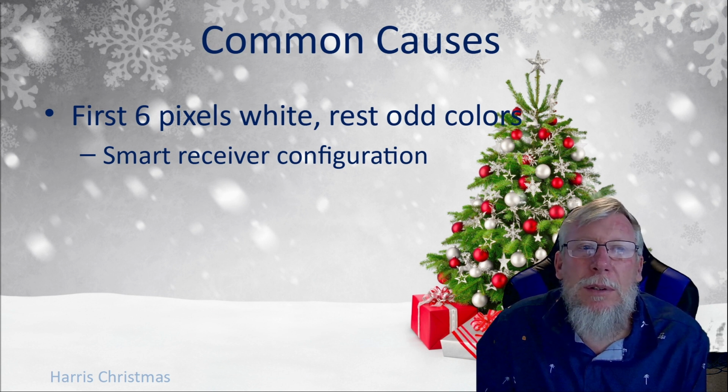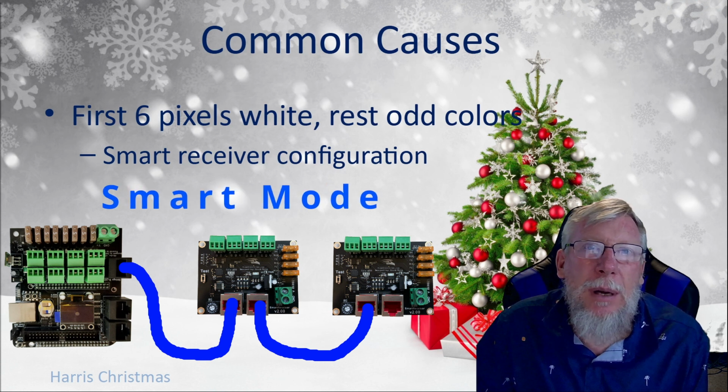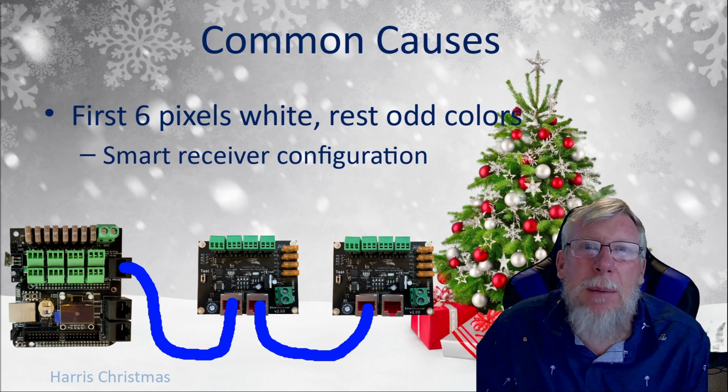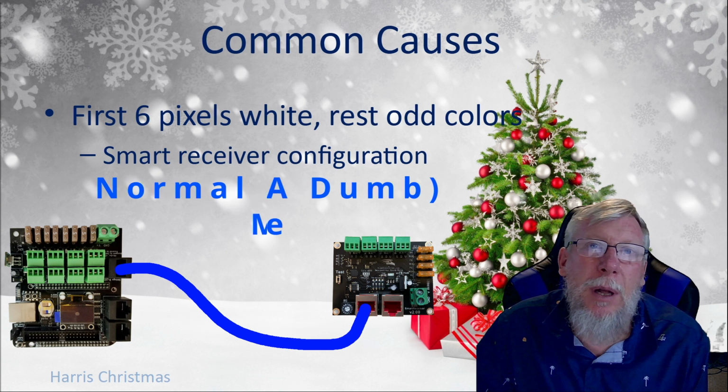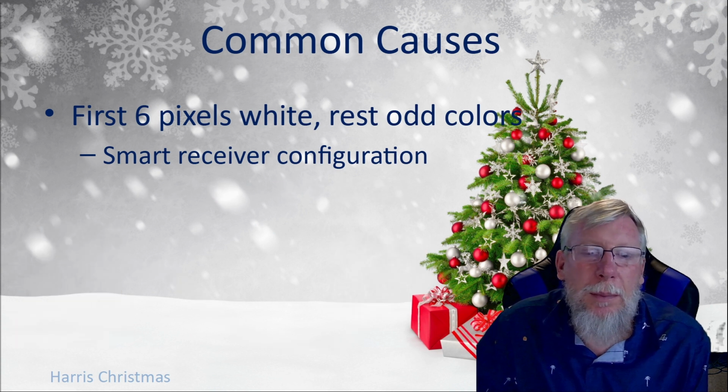Now, receivers can be daisy chained. When you're daisy chaining them, not all of them, but the newer ones, what are called smart, can be daisy chained. But if you're not daisy chaining them, they can be run in normal mode, which a lot of people call dumb mode. If you're not daisy chaining them, just set them to run in normal mode.